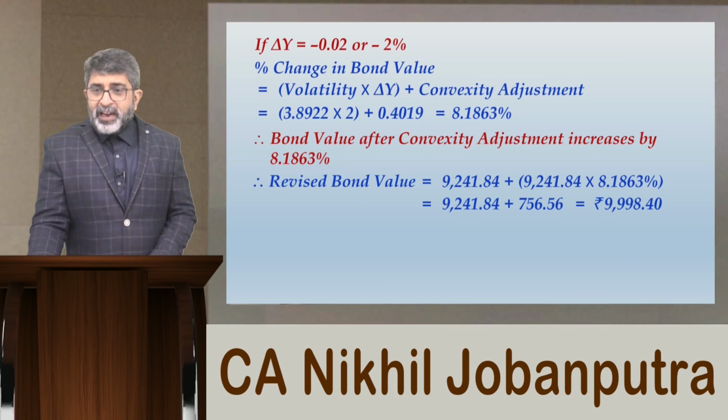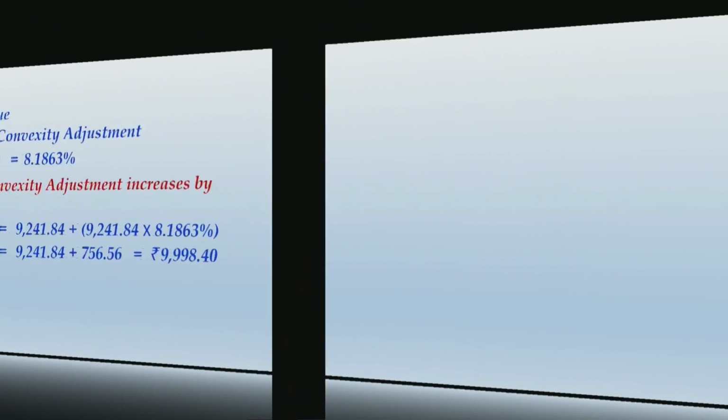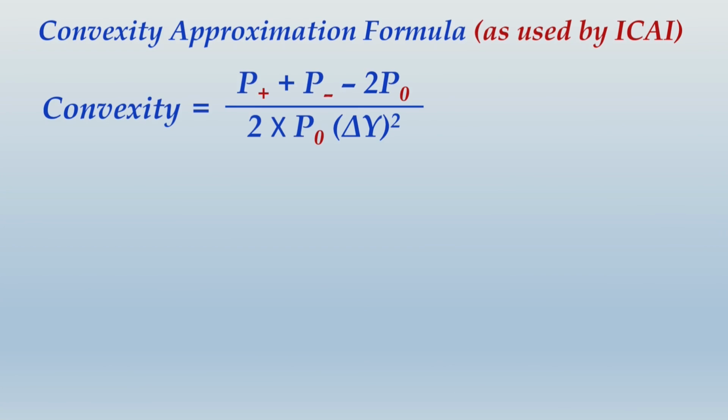So let me explain how ICAI would have approached this whole thing. In their approach, the convexity approximation formula is this way: P plus plus P minus minus 2 times P0 divided by 2 times P0 into delta y square.